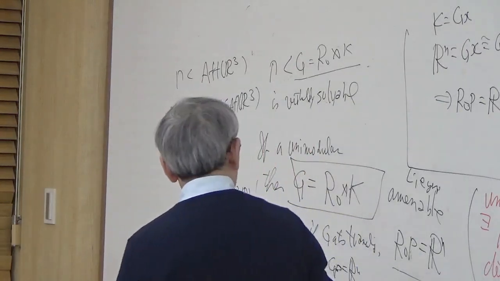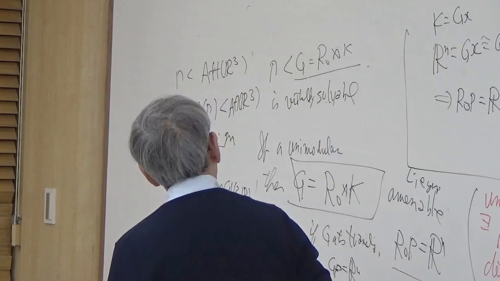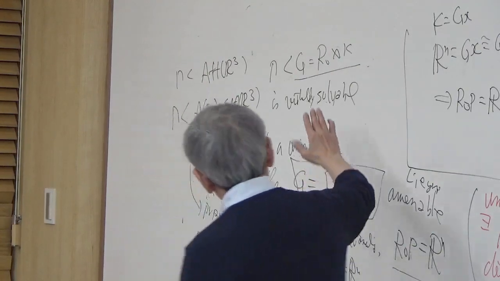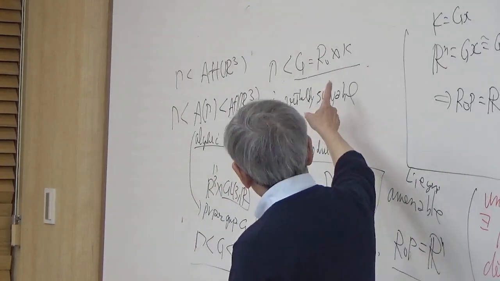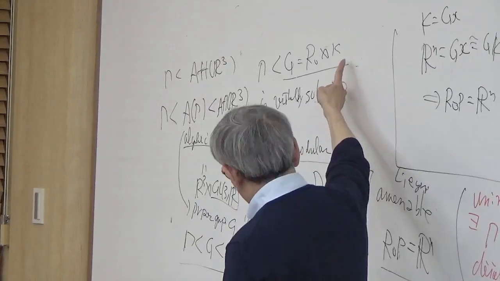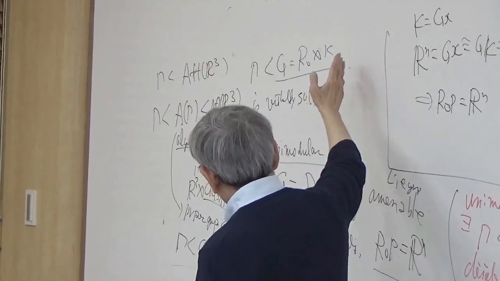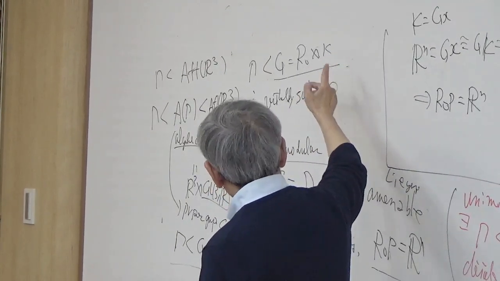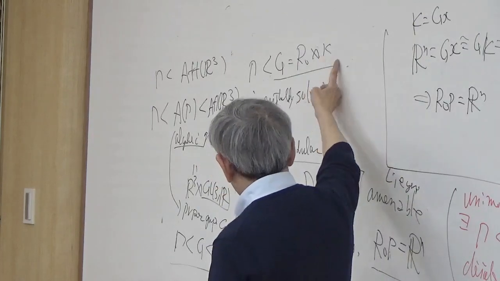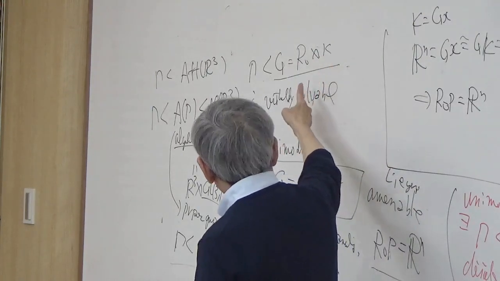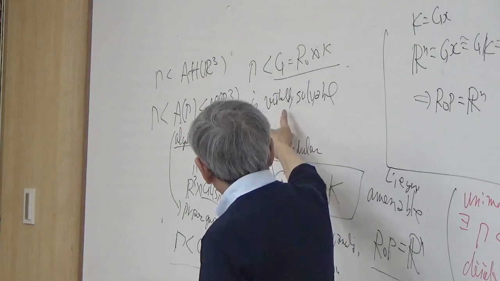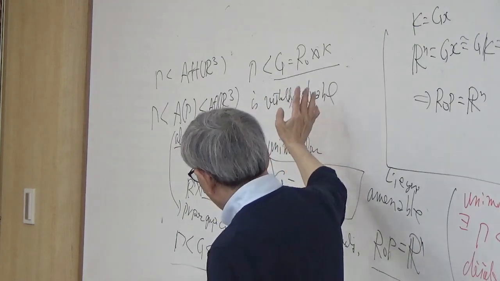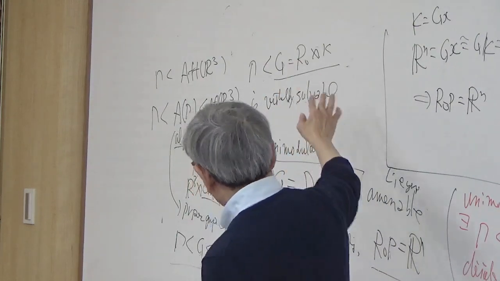So transitivity is not necessary. If we prove this without the assumption of transitivity, just proper action, it becomes like this. Therefore from this, gamma is already virtually solvable. The Auslander-Milnor conjecture is proved.